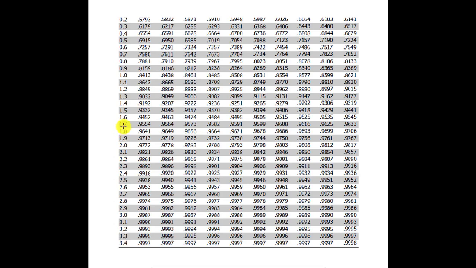We can easily see from the z distribution table that the z statistic, 1.76, falls under this category: 1.7, and then 0, 1, 2, 3, 4, 5, 6. So the probability of the curve till z equal to 1.76 is 0.9608.